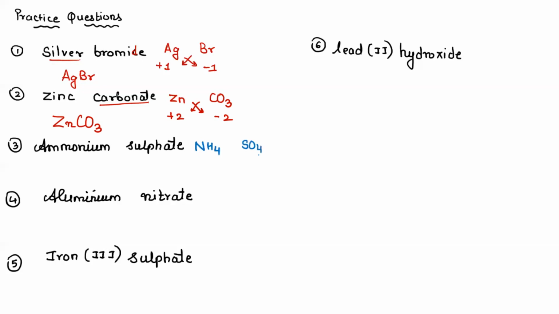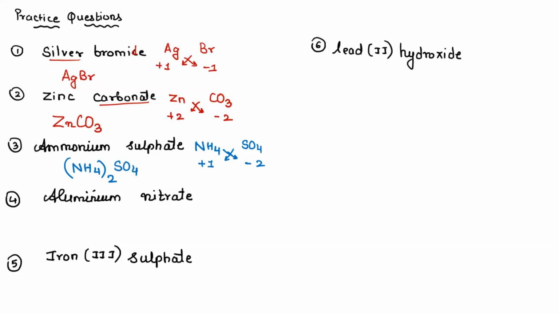Very good. Then valency. Ammonium is +1, and sulfate is -2. Then we have to do crisscross. So what will be the final formula? Final formula will be NH4 in brackets, 2 will be the valency, and SO4. Very good. So (NH4)2SO4.